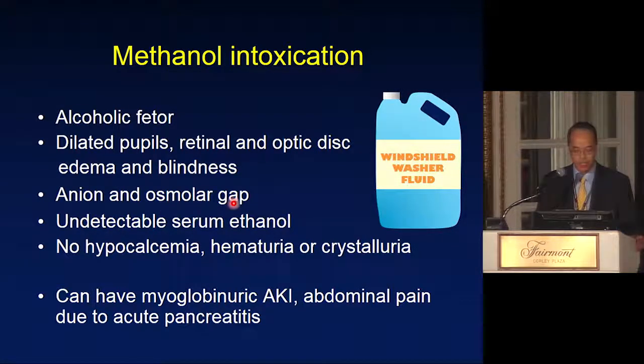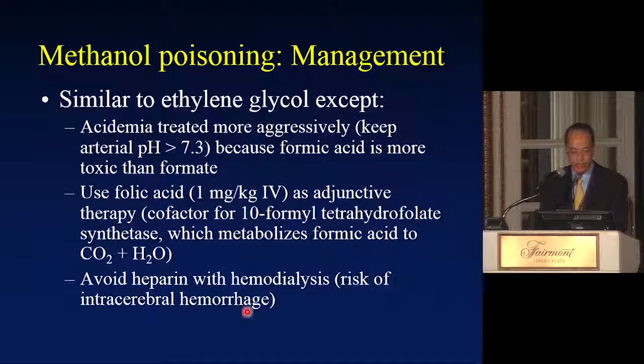They, again, just like ethylene glycol, have an anion and osmolar gap, and they do not have the calcium crystals. Some of the other features that you sometimes see in methanol intoxication: myoglobinuria, abdominal pain, and occasionally acute pancreatitis. And the treatment is essentially the same. You've got to give them fomepizole or ethanol and consider hemodialysis.